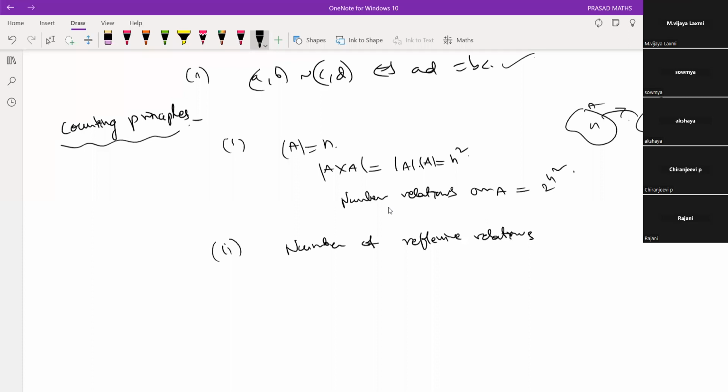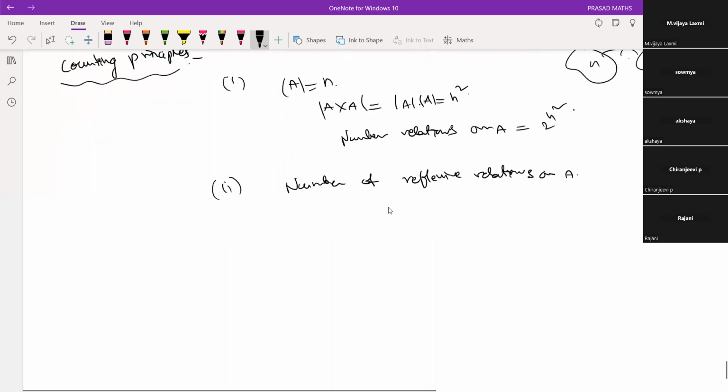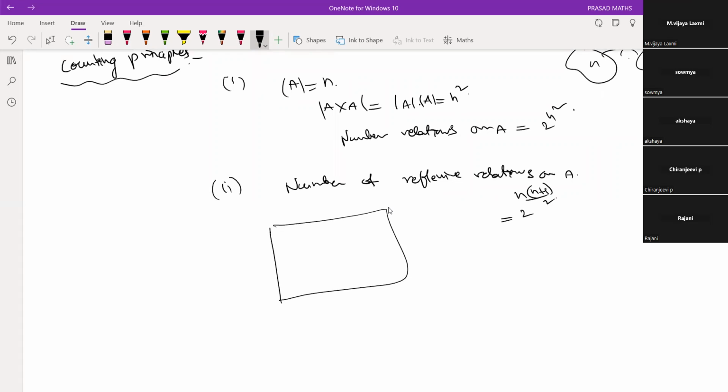Number of reflexive relations on a set A. So what is the formula? 2 power n into n plus 1 by 2. That's it, or so it seems. Actually, let's take the set A with elements A1, A2, up to An, where the cardinality is n.